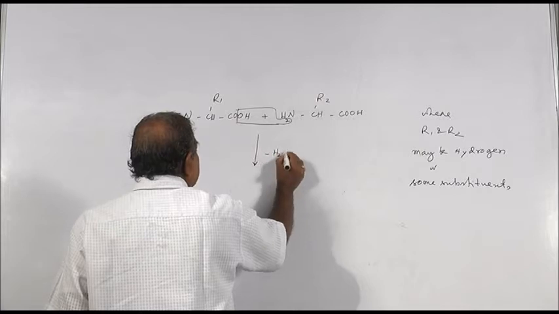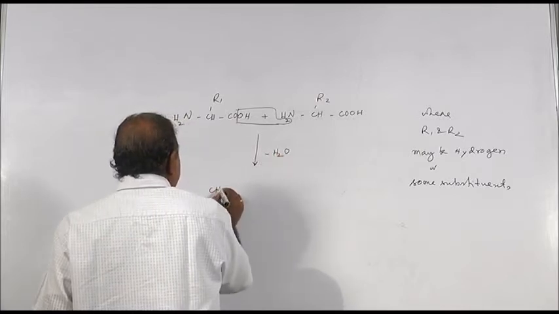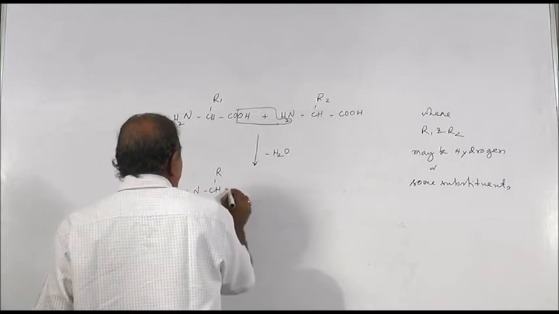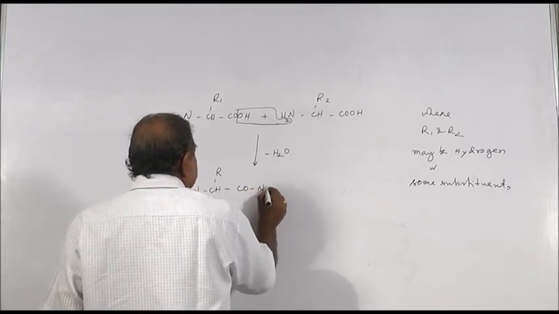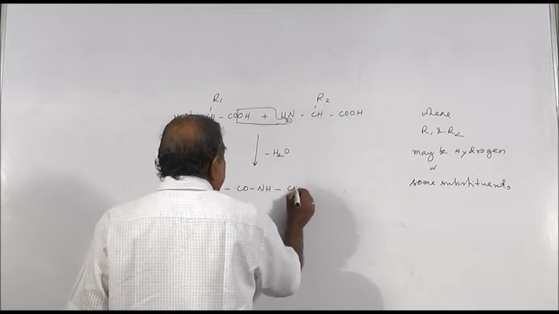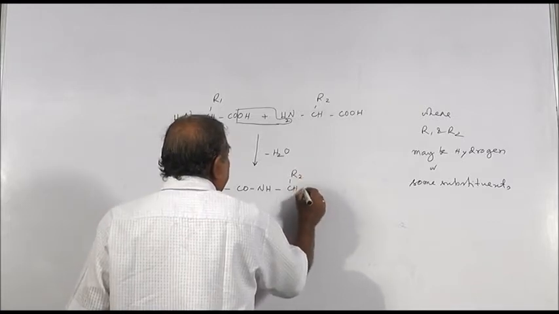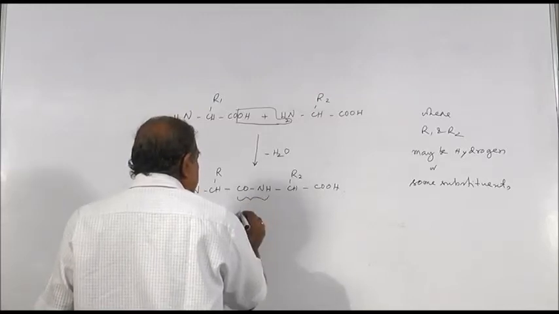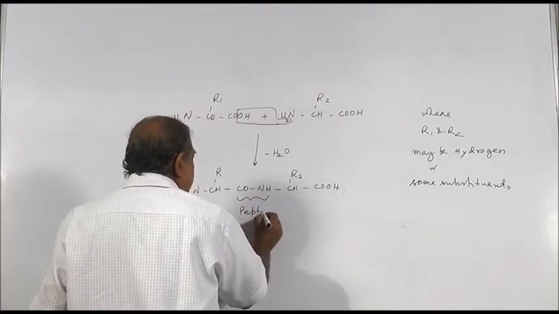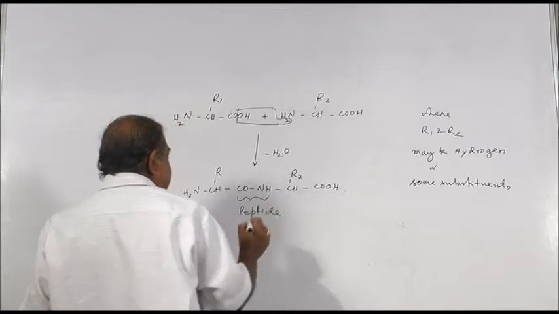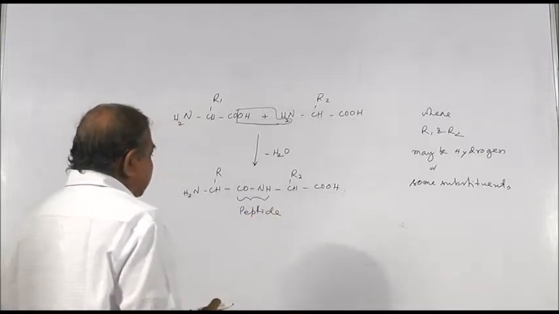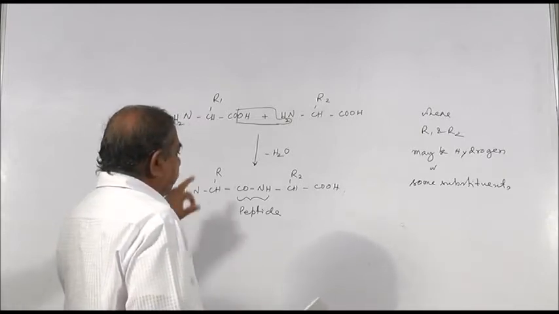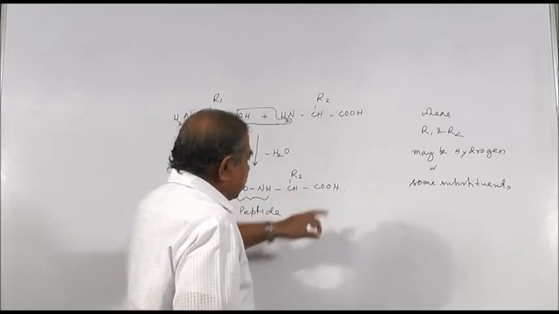There is elimination of one molecule of water, forming a CO-NH linkage, which is called a peptide linkage. So first it forms peptides. This peptide compound also contains a free amino group and a free carboxyl group.